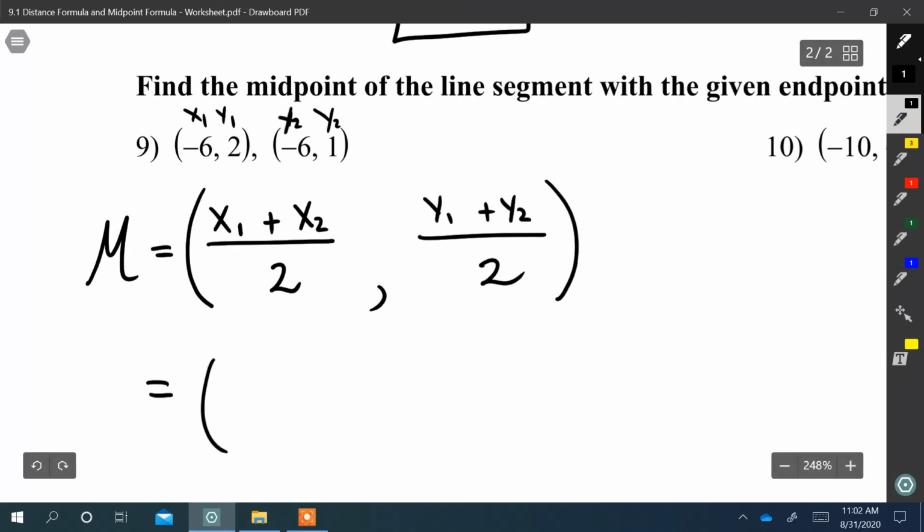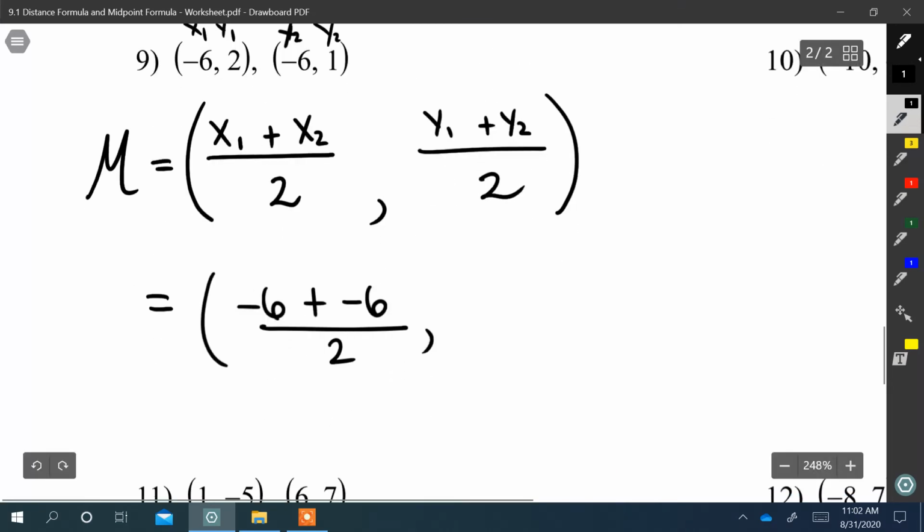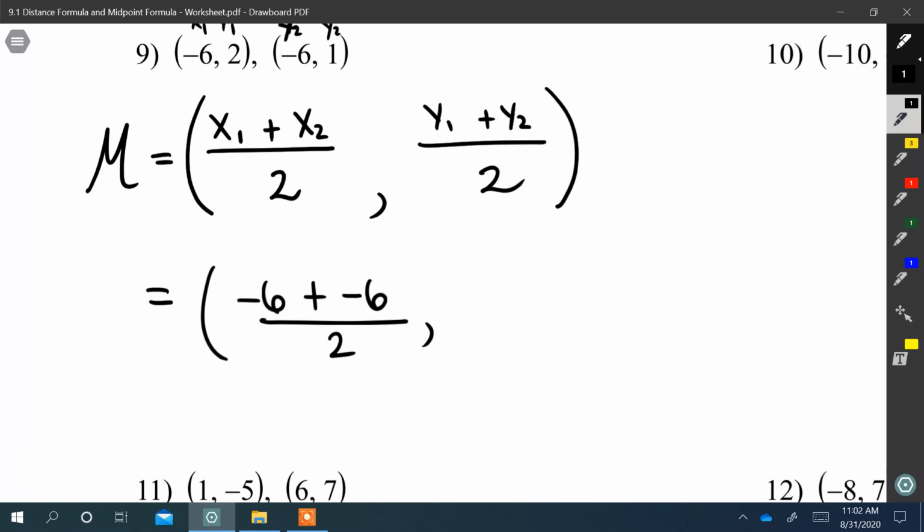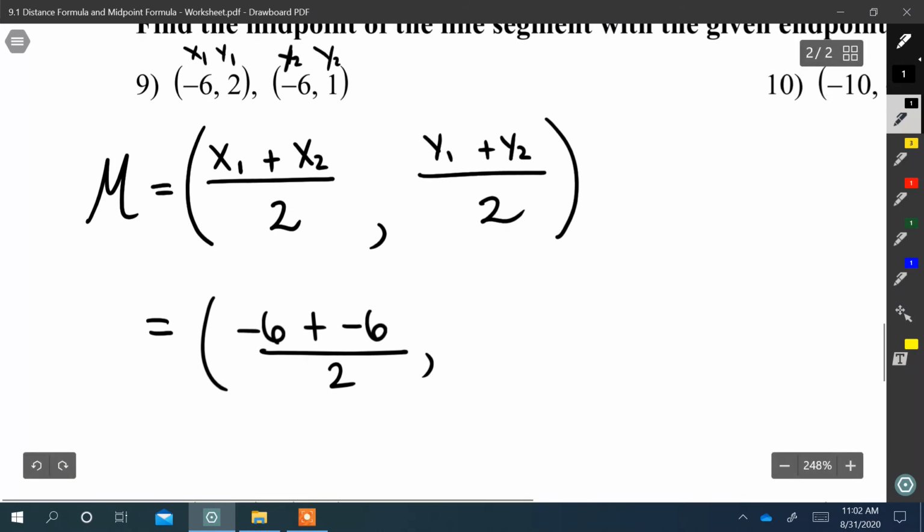So first of all, what is x1? Well, x1 is -6. And then we have plus -6 as well over 2. And then let's see, we have y1 plus y2.